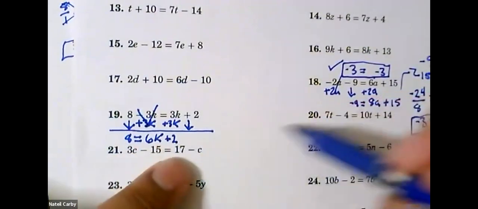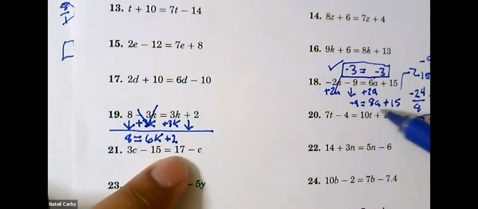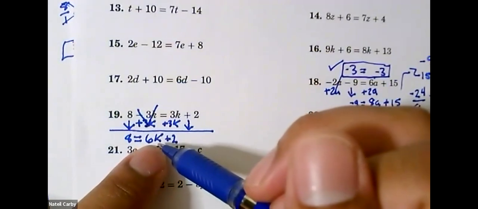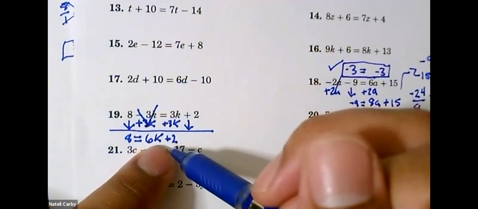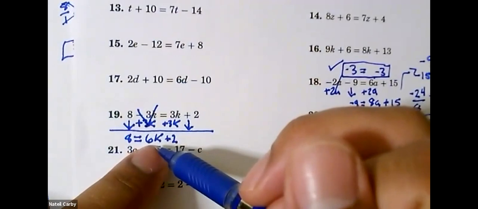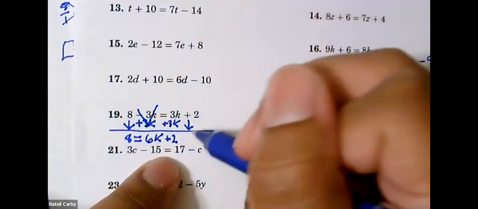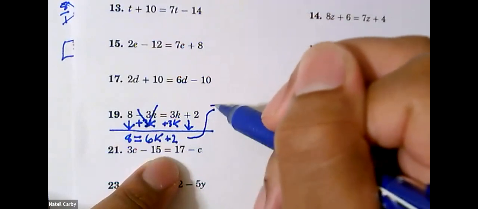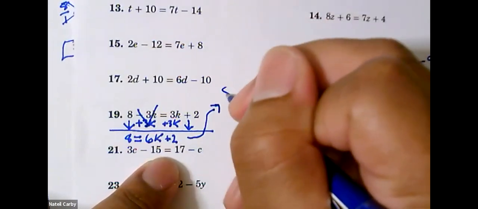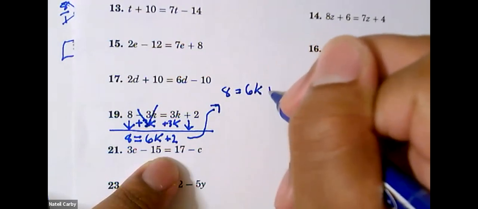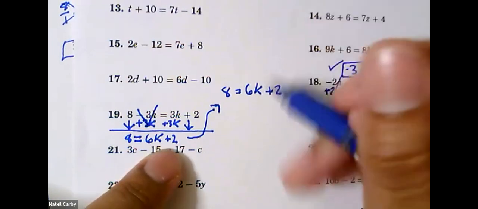Okay, now just like over here, I want to get rid of the plus 2 because I want to have 6k by itself. I want to isolate my variable. So subtract 2 from both sides. 8 equals 6k plus 2.